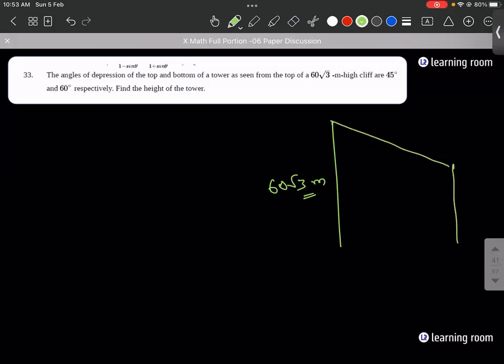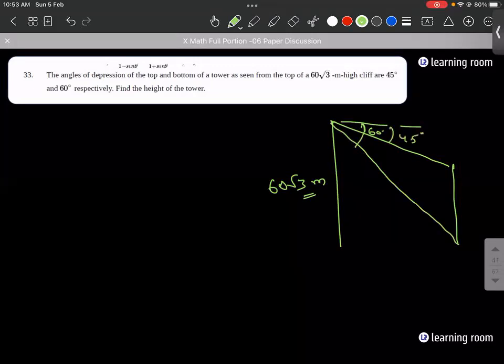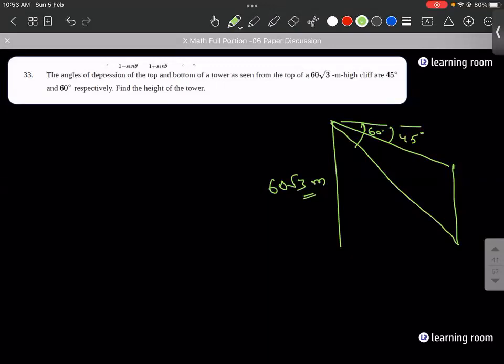The angles of depression are 60 and 45. So this is the height of the tower, right?